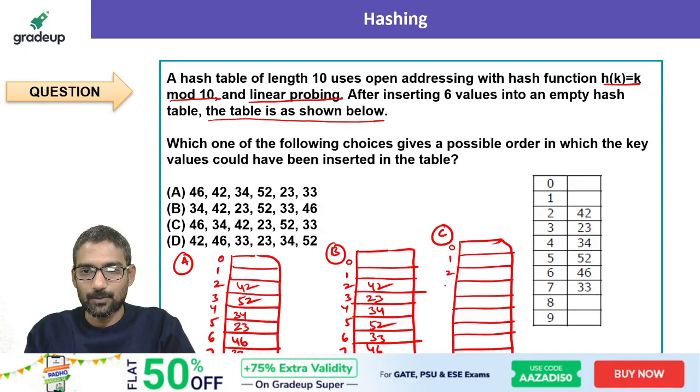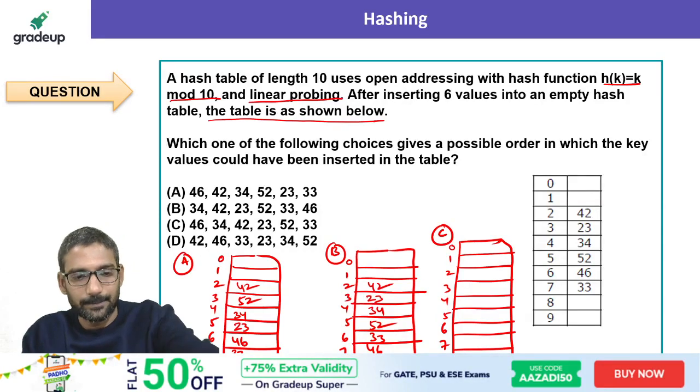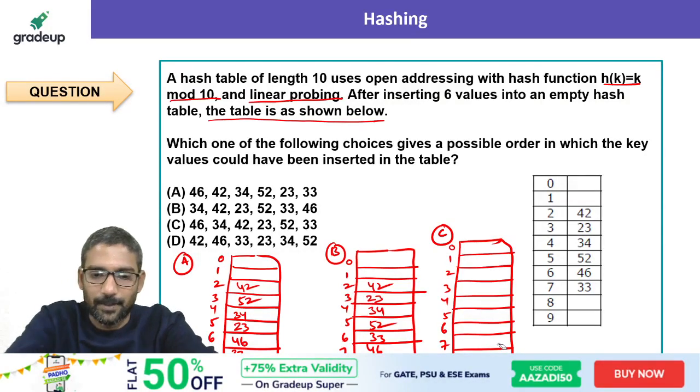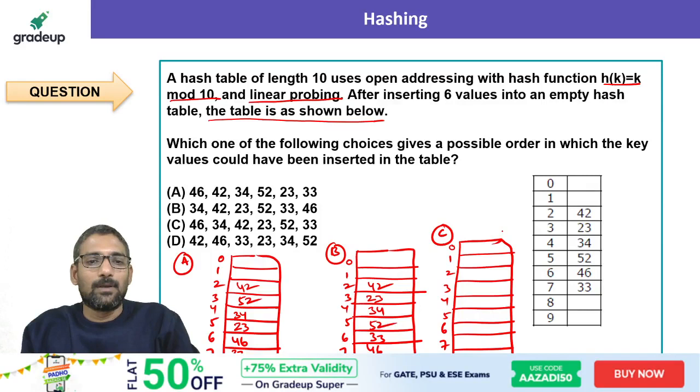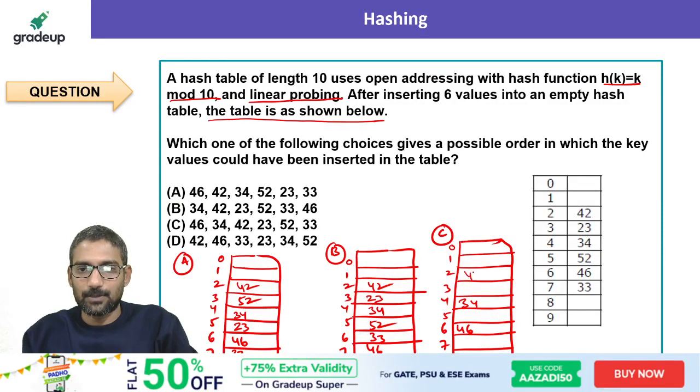Zero, 1, 2, 3, 4, 5, 6, 7, 8 and 9. Okay. 46 first in slot 6, 34 in slot 4, 42 in slot 2, 23 in slot 3, 52: 2 is full, 3 is full, 4 is full, 5.